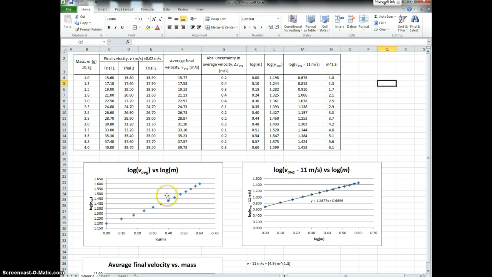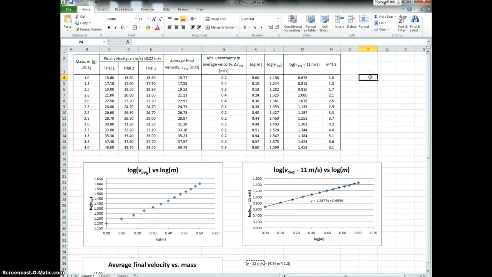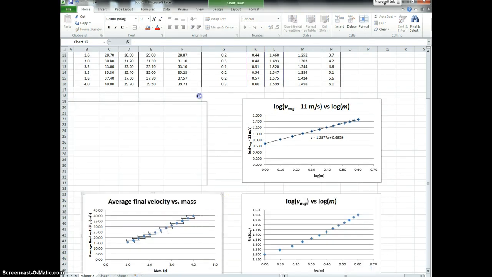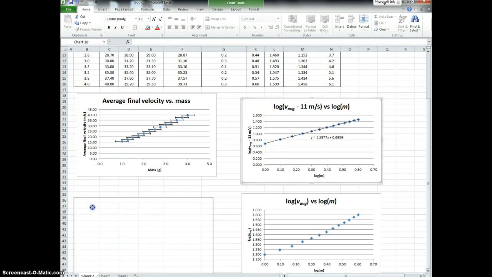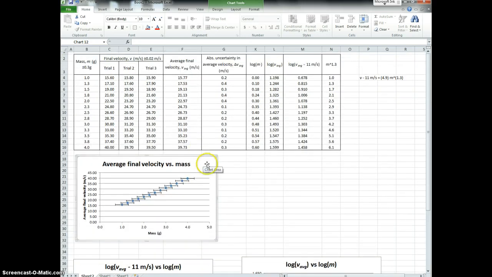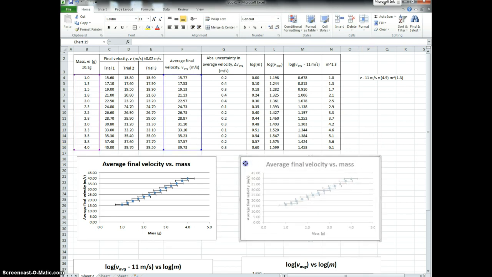The final graph then, and let me move my equation, my function, right to here. And the final graph, I'm going to move this one down here, and I'll move this up. Move this down. I copied this graph. Remember, you do that by holding Control while you're dragging.